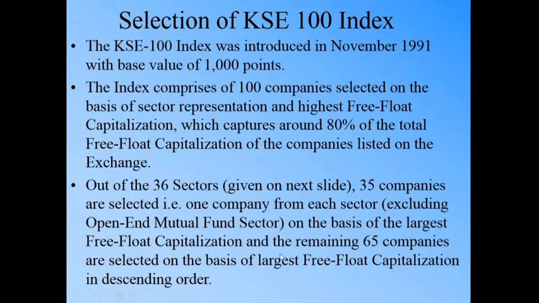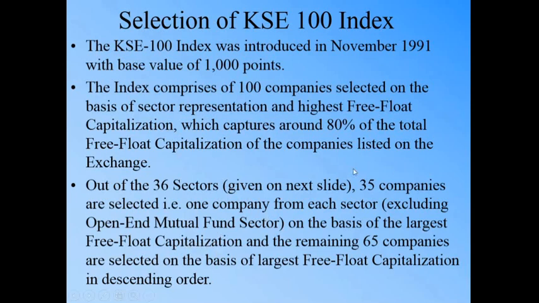So there are 100 companies to be selected. 35 are selected based on whichever company has the largest free float market capitalization in its own sector. Let's say there are 20 companies in a particular sector. Whichever company has the highest free float capitalization in that sector is automatically selected into the index.